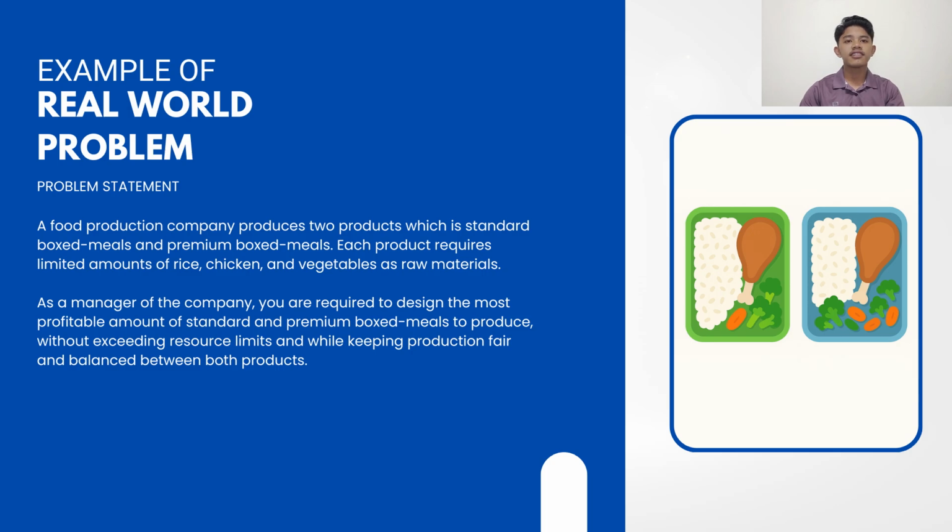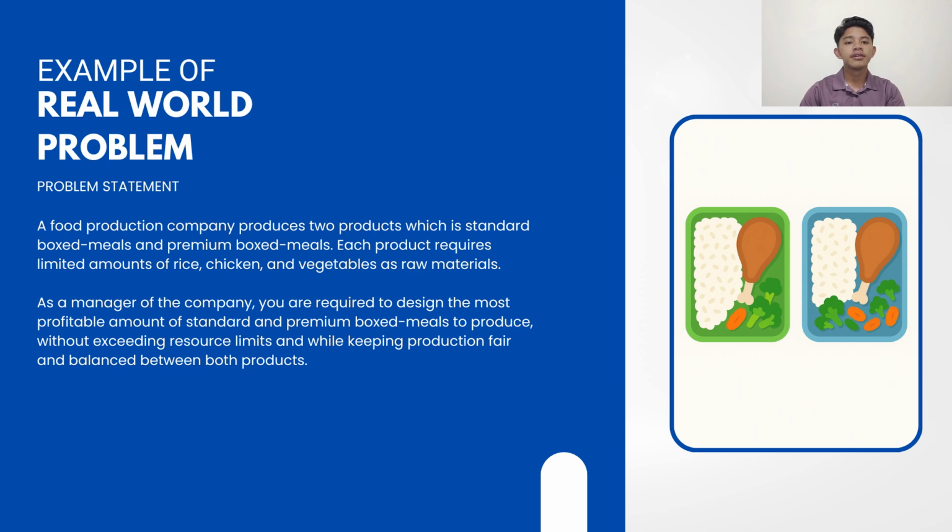In this project, our real-world problem focuses on a food production company that produces two products, which are standard box meals and premium box meals. Each product requires limited amounts of rice, chicken, and also vegetables as raw materials.